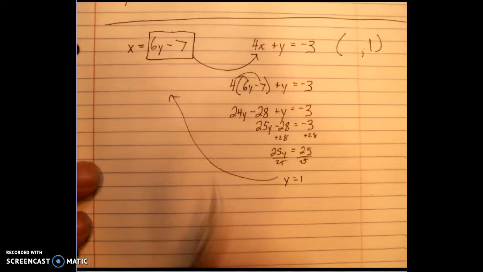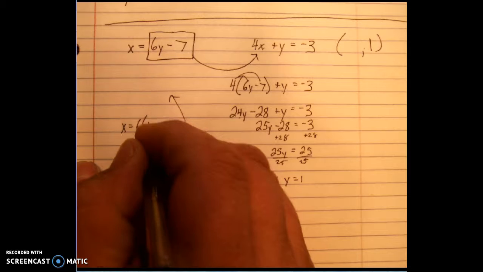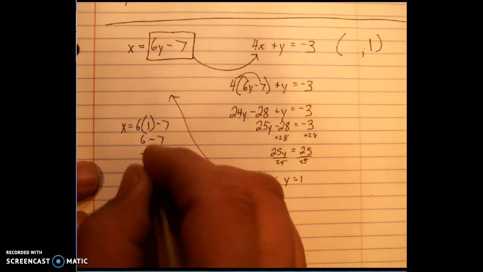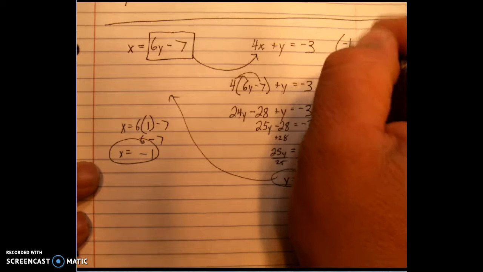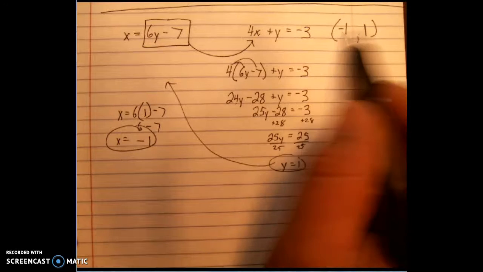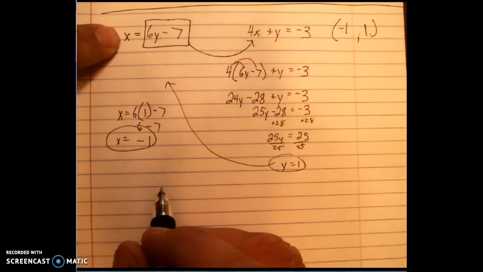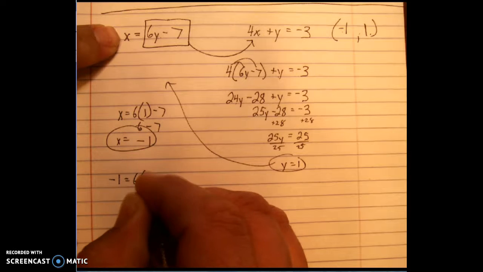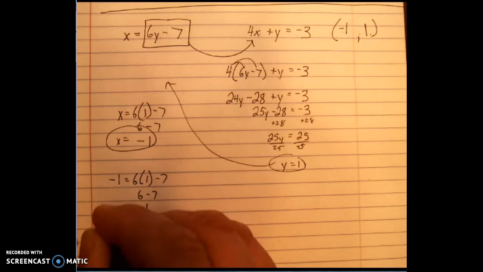Plug it in. The x will equal 6 times the y is 1 minus 7. 6 minus 7, negative 1. So the x is negative 1. Remember, we can check our answer. When I plug the point negative 1, 1 into this equation, does it work? The x is negative 1 equals 6 times the y is 1. 6 minus 7 is negative 1.